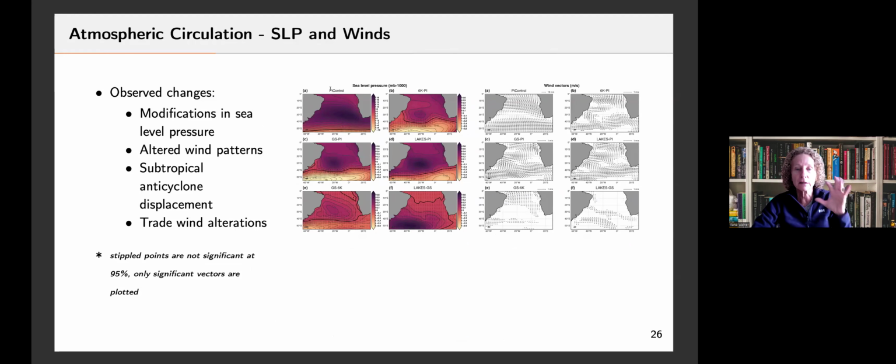This is the purple, orange is the sea level pressure, and then we have the wind vectors, which are really small here, but I guarantee that they are important. Where you have the whites in the winds are the regions that are not significant. So they're mostly significant in the difference, and we can see a big change in sea level pressure.